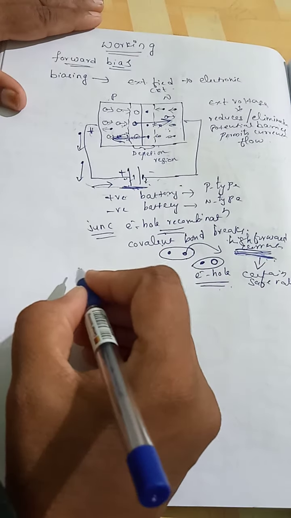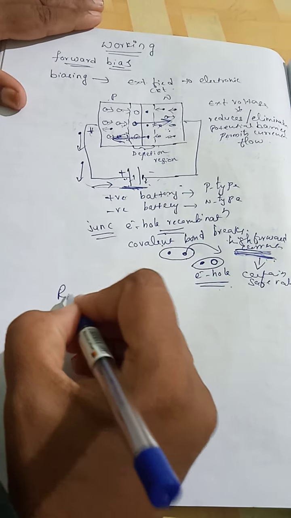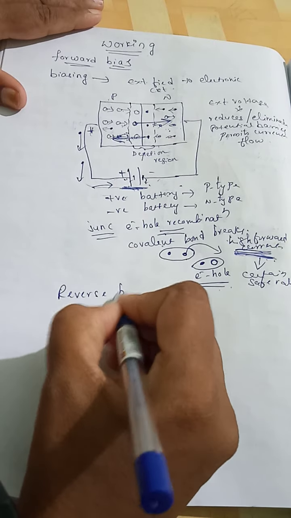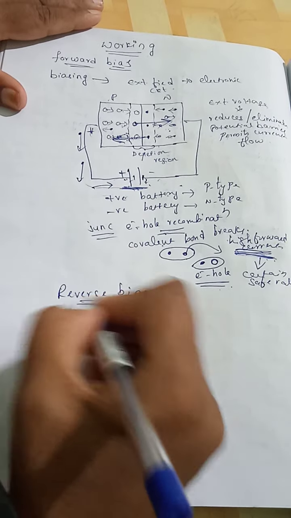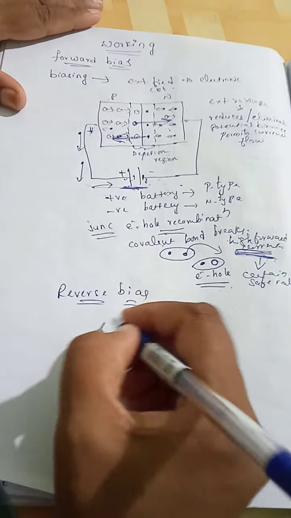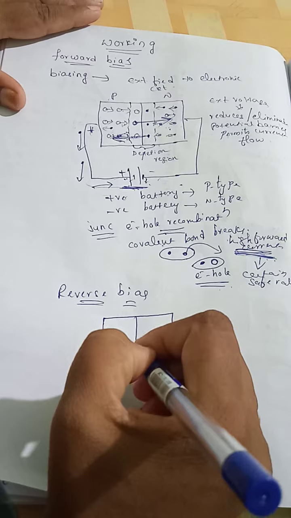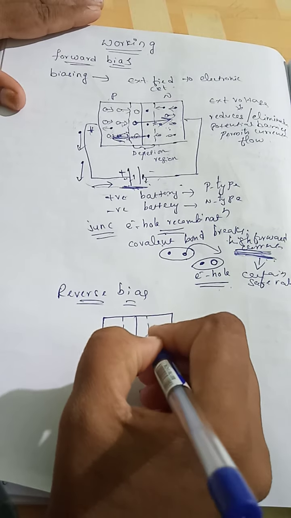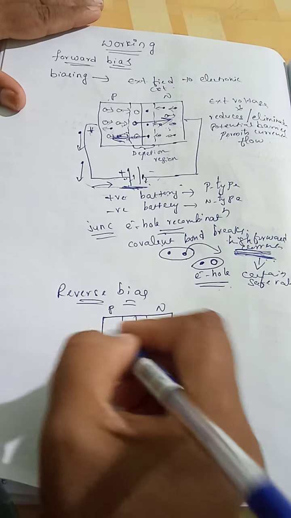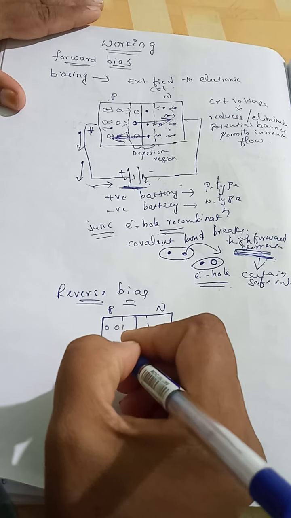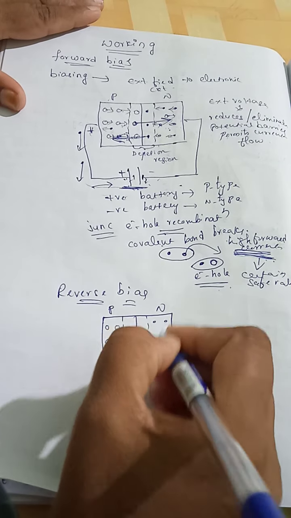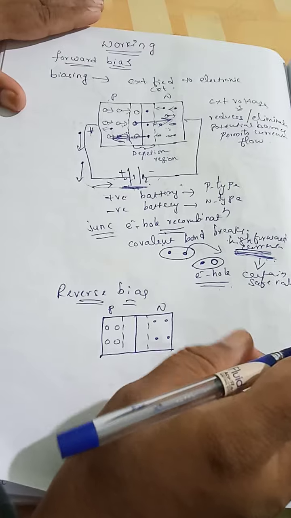Now next, let us talk about reverse bias. As usual, we have the depletion region, the P region where holes are majority carriers, and the N region where electrons are majority carriers.